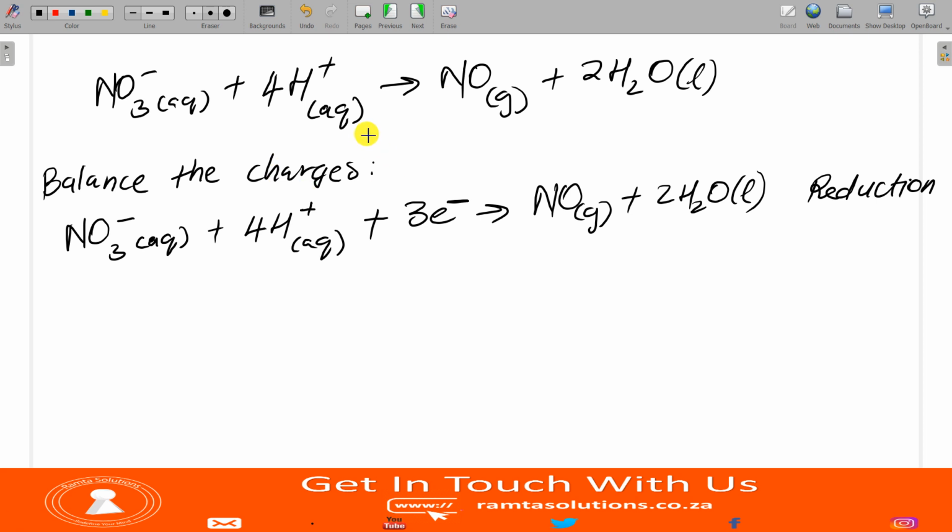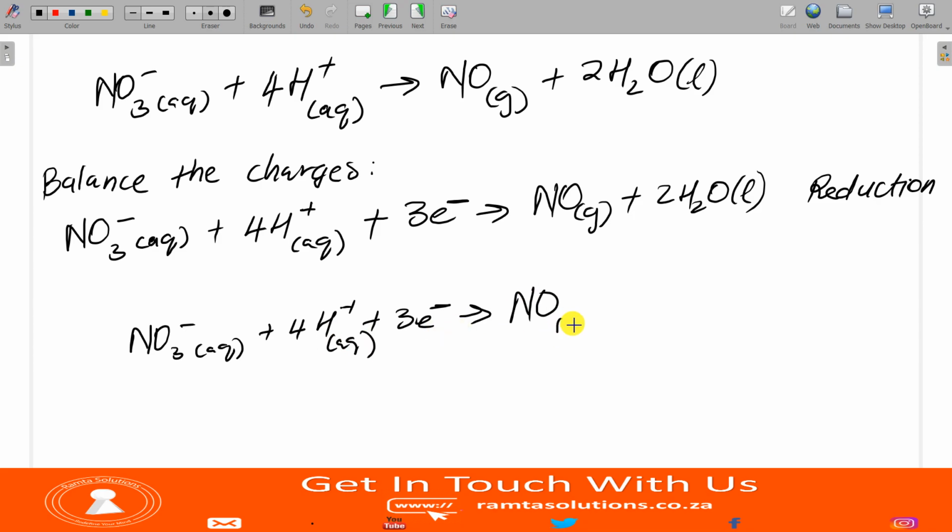So let's remind ourselves what we had earlier. Now, when we balanced, we had iron. Okay, let me rewrite this. We have NO3 minus aqueous plus 4H plus 3 electrons, giving us NO gas plus 2 water molecules, liquid.